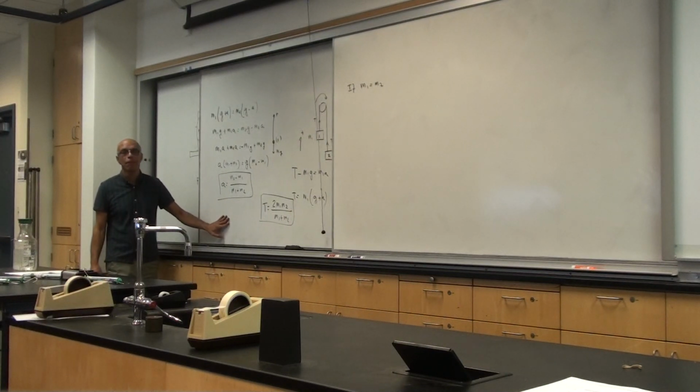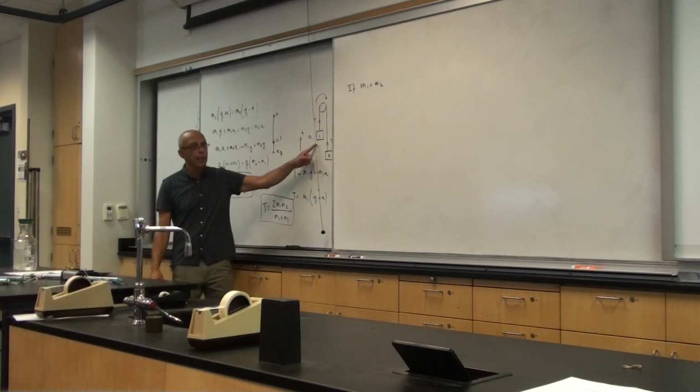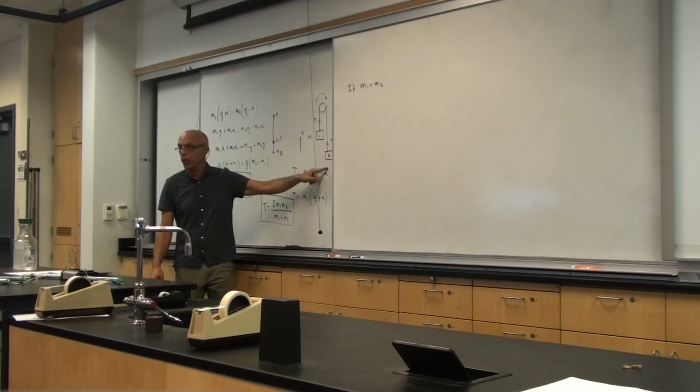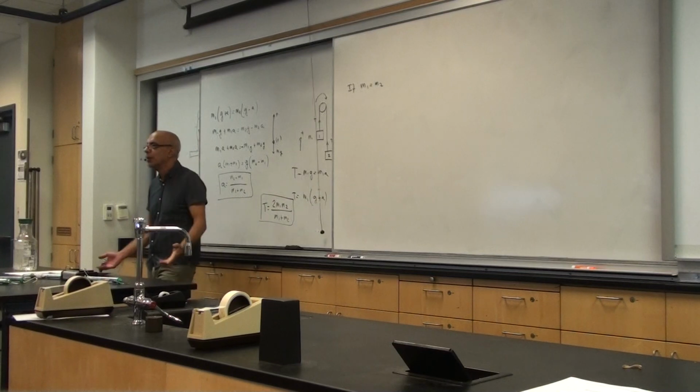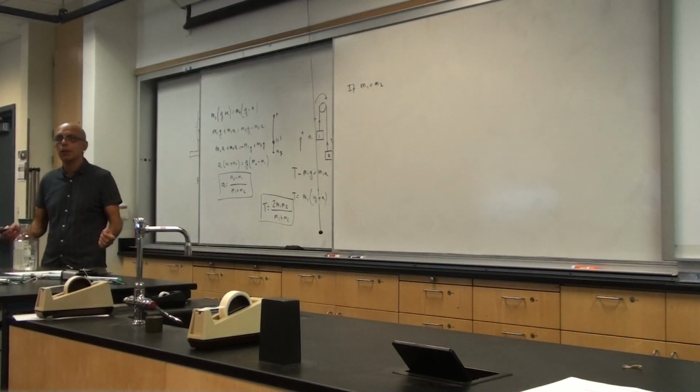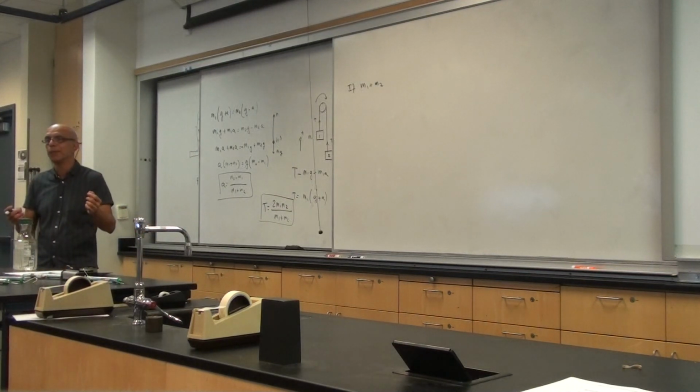Would the acceleration be 0? Acceleration is going to be 0, right? So in this case, if I have m1 equal to m2, it's not going to move, right? Or it's going to move at a constant speed.